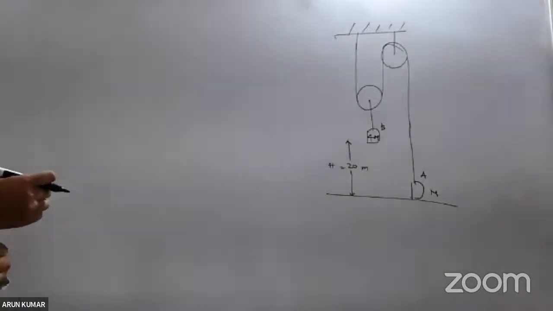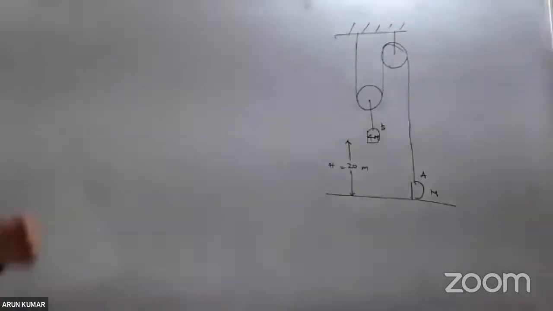If 4M comes down with a, what is the acceleration of the block A? Is it a by 2, 2a, 3a, 4a, a by 3, 2a by 3, 3a by 2?